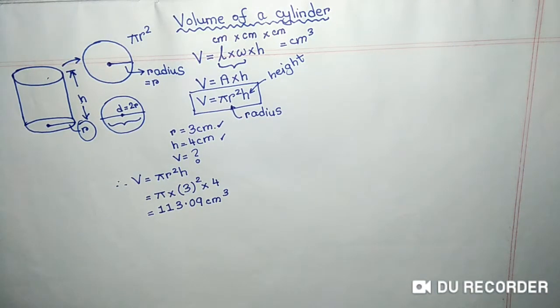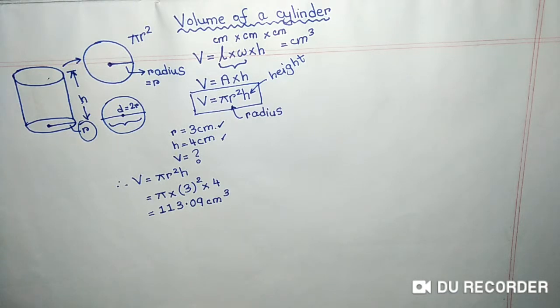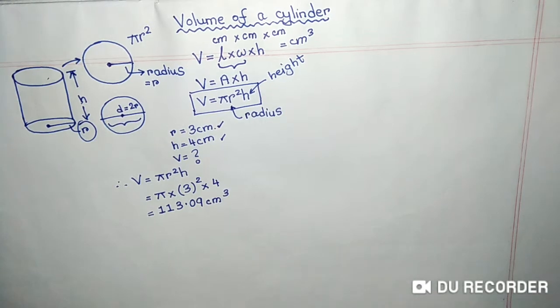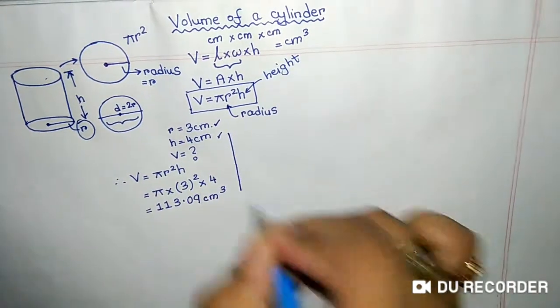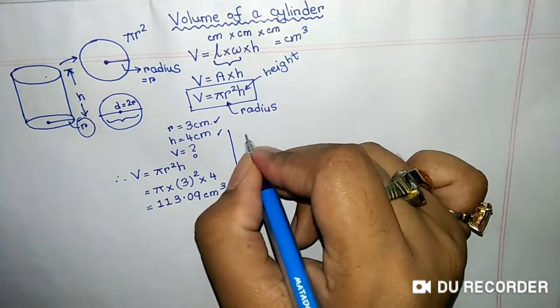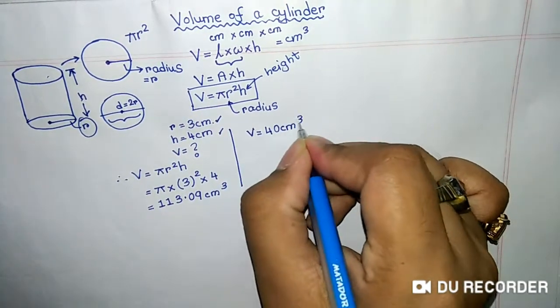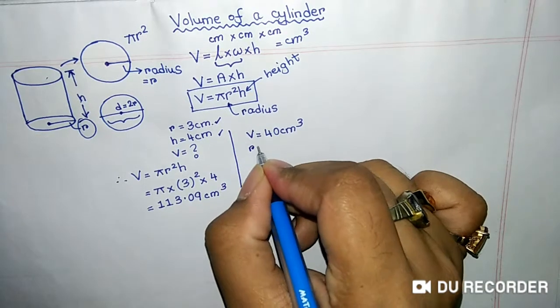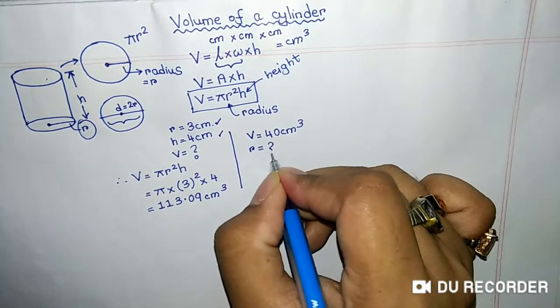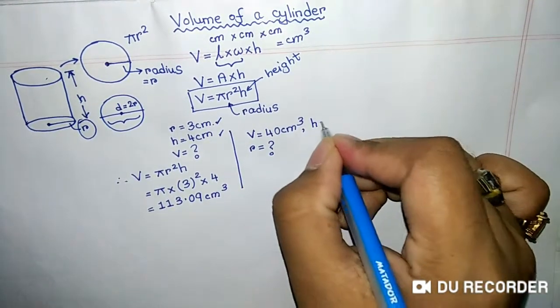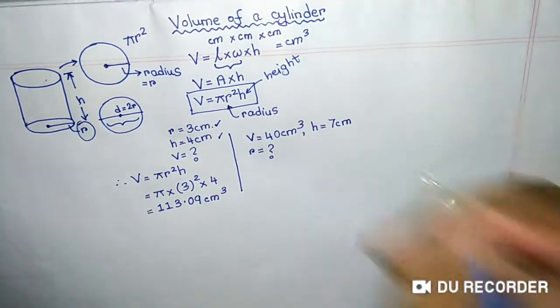Now let us see a problem when the volume of the cylinder is given and we are required to find the radius with the height given as well. So let us do one more example. So over here, say the volume of the cylinder is 40 centimeter cube, and the radius of the cylinder is unknown and the height of the cylinder is going to be 7 centimeter.